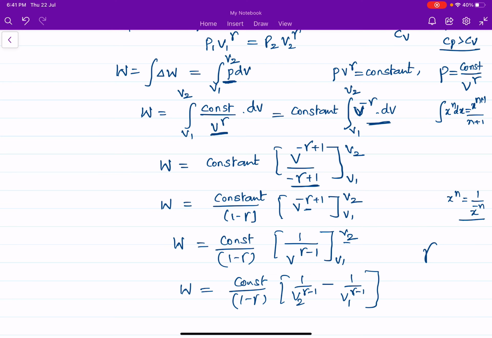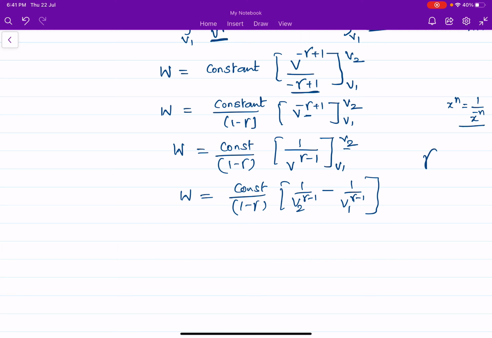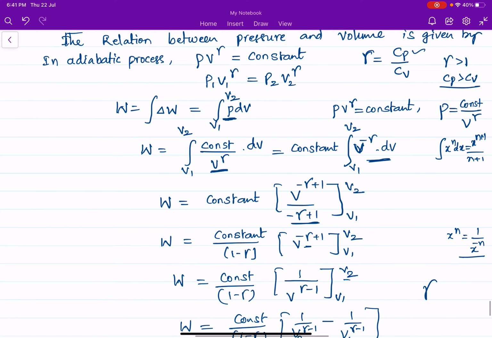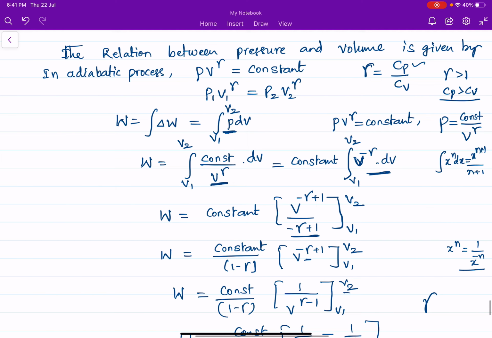Now the constant can be replaced with PV power gamma equal to constant. That means P1 V1 power gamma equals P2 V2 power gamma equals constant, so I can replace the constant accordingly. Constant can be written as P1 V1 power gamma or P2 V2 power gamma.